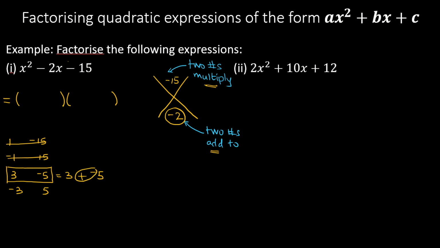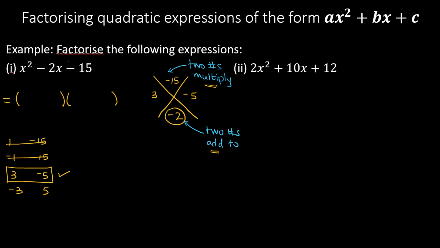You know plus and minus is minus. 3 minus 5 is negative 2. So this is the number that is required, negative 2. So our combination of the two numbers is 3 and negative 5. Insert 3 here, negative 5 here.